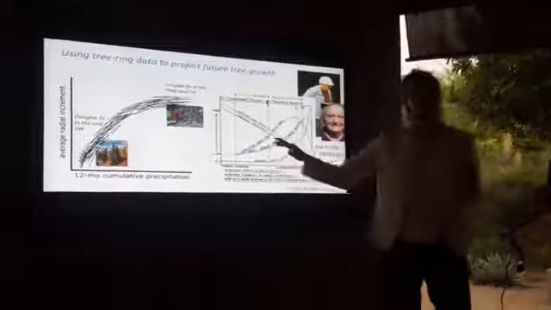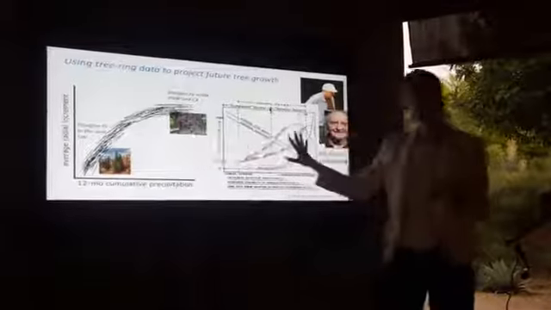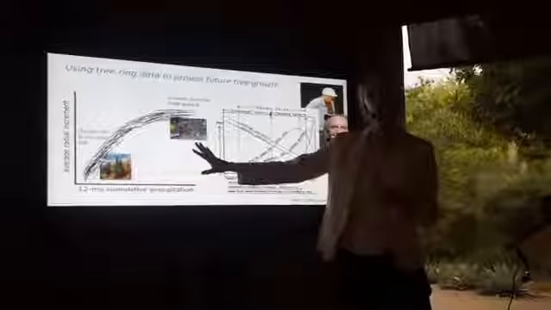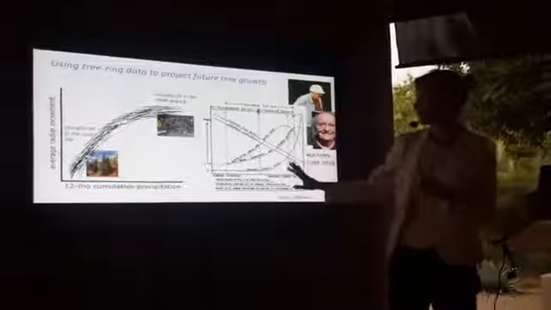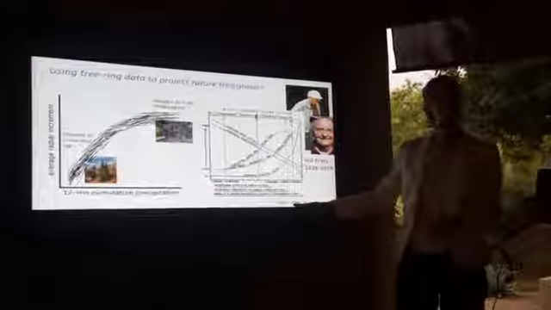I won't spend a lot of time elaborating on this, but the figure on the left and the figure on the right are mirror images of each other. And so this statistical model that we built was published a long time ago in 1966 by Hal Fritz in the journal Science.